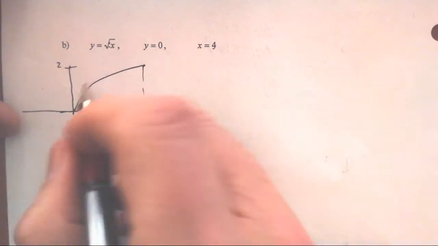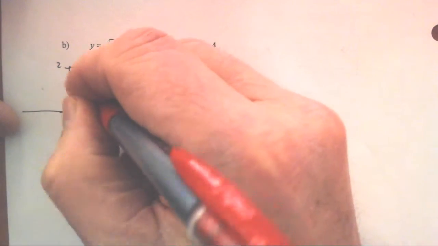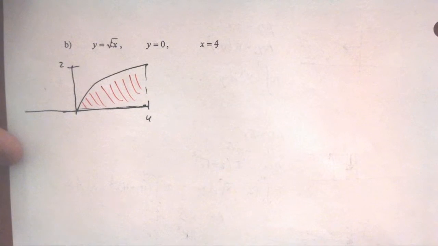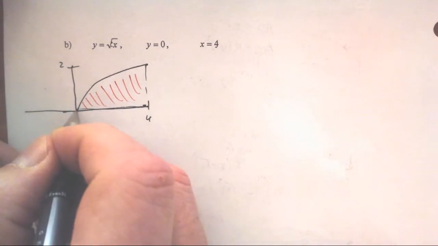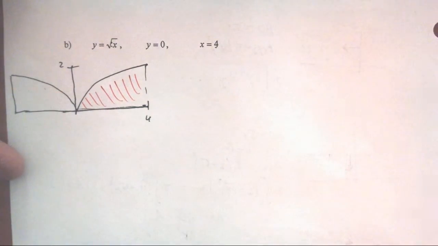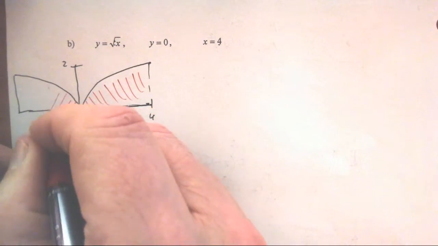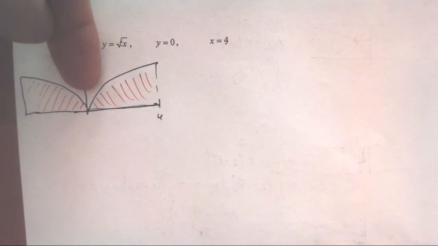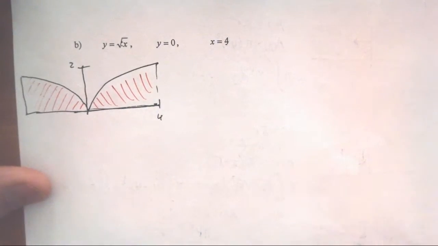So similar function, before we were above, now we're inside of here. And we're rotating this. Again, I want to stress, these are problems that could be done with washers. But there are some times when washers are inconvenient. Because this is a rotation, this would be a washer problem, but we're not going to treat it that way.